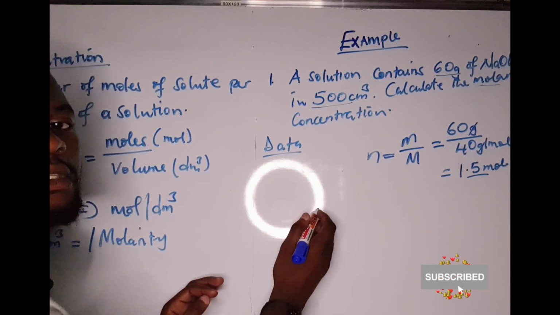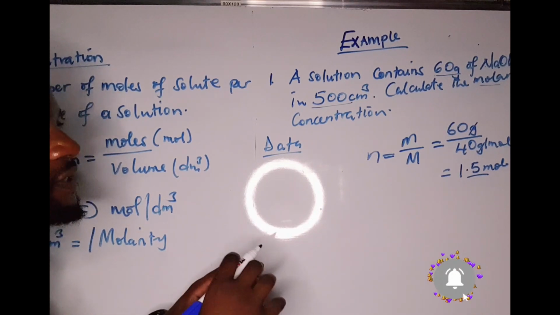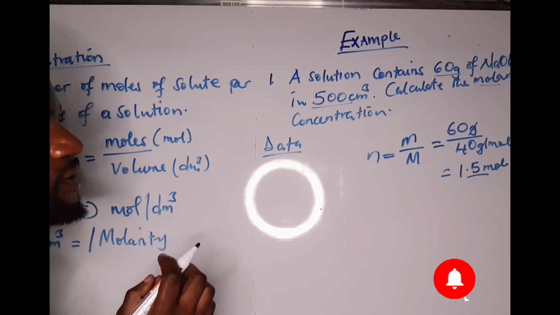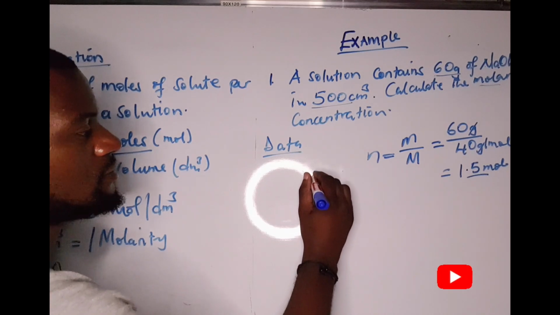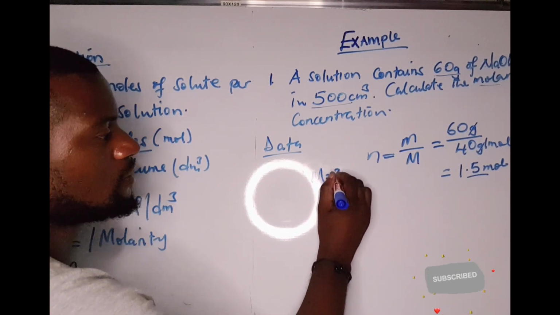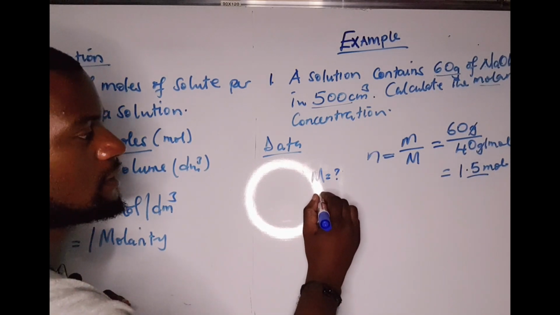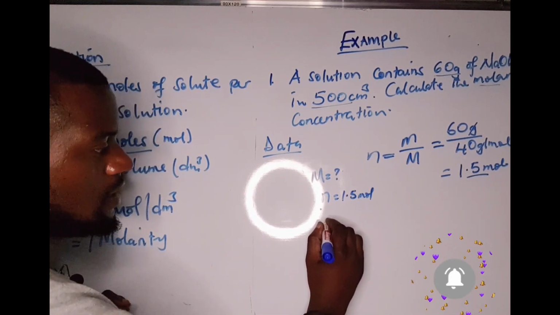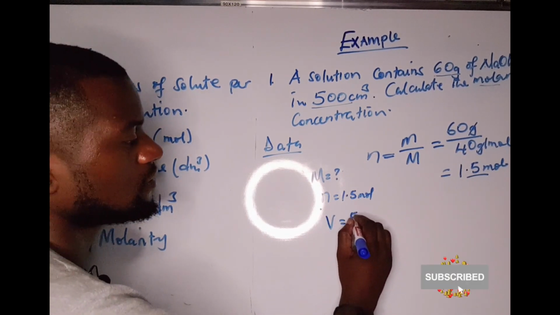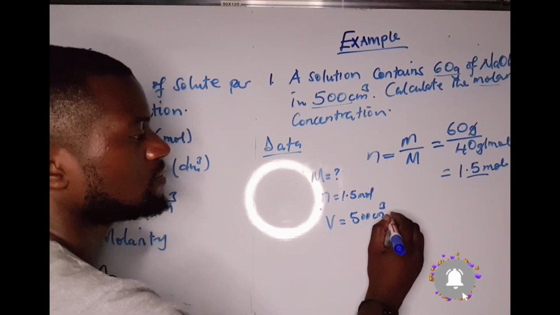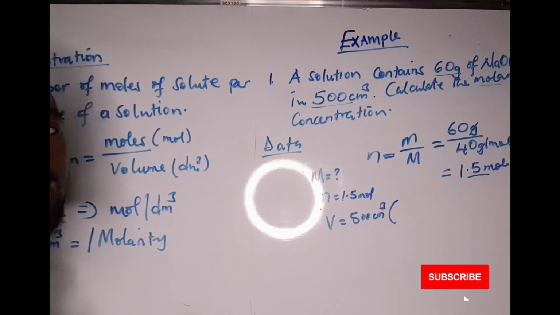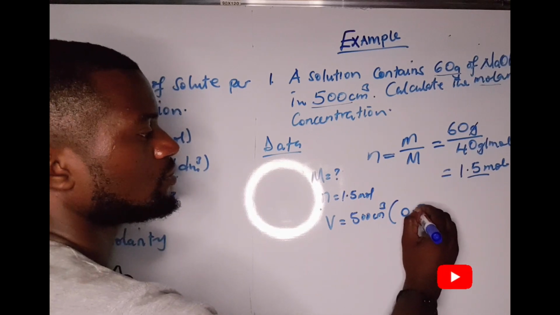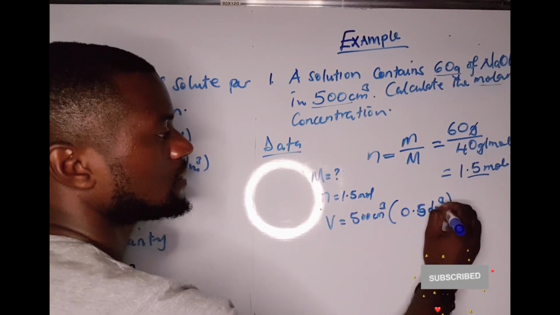We are going to use the number of moles to calculate the molar concentration. So our data: we are calculating the molar concentration, the number of moles is 1.5 moles, and the volume is 500 cubic centimeters, which we convert into cubic decimeters to get 0.5 cubic decimeters.